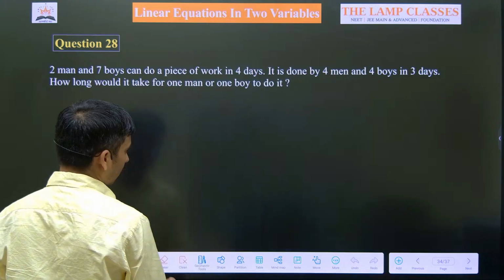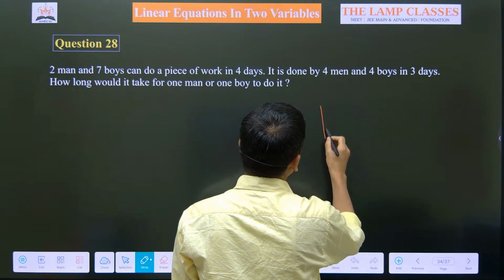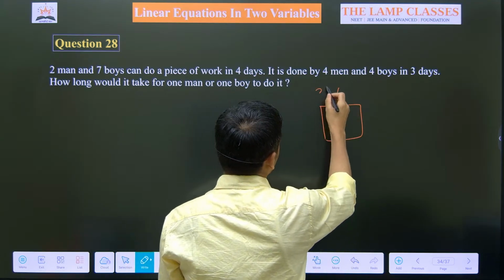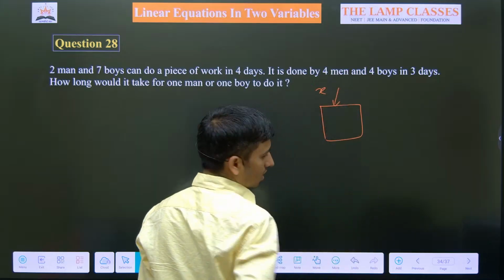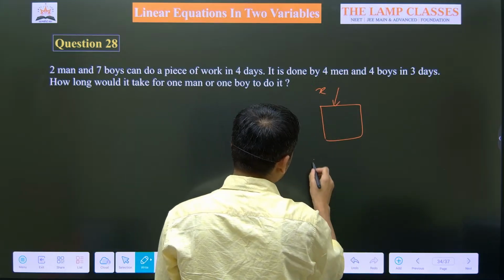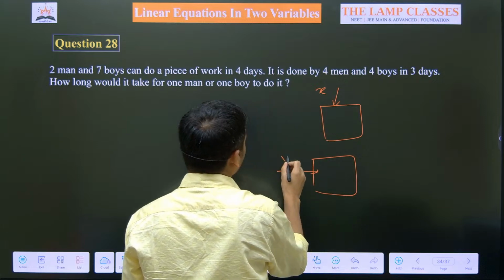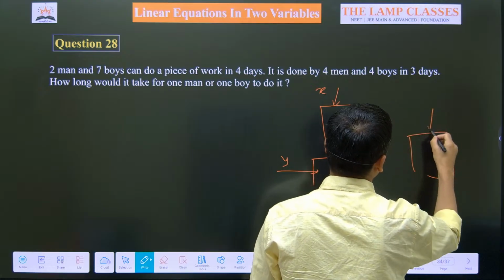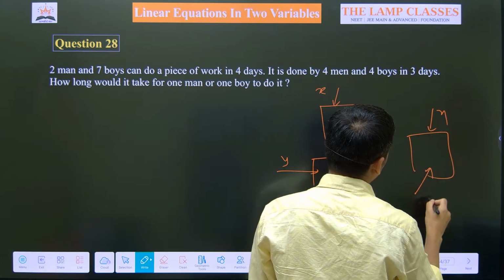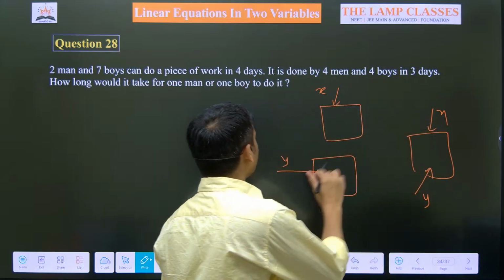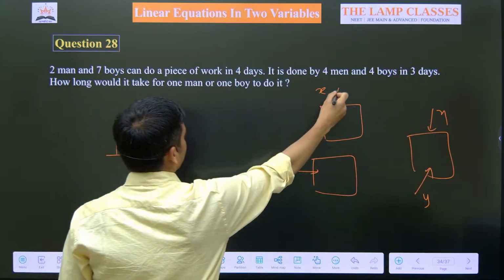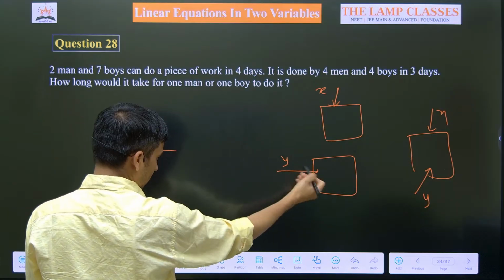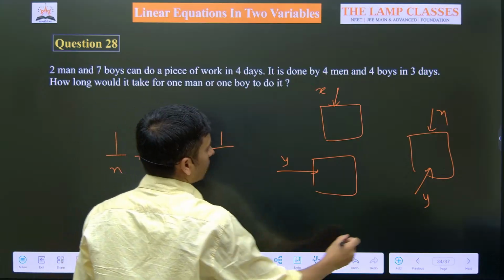So whenever this scenario is there, if two people are doing some work, if one person is able to do it in X days alone, and another person is able to do it in Y days, then together if they are doing the same work, the relation is 1 upon time taken by this person alone plus 1 upon time taken by the other person alone is equal to 1 upon the time if they do it together.